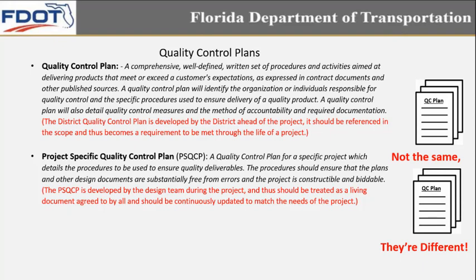Your district quality control plan is really your fixed requirements that would apply to any project. It is essentially part of your design contract, part of your scope. The fixed requirement. But the project-specific quality control plan really is more of a living document.